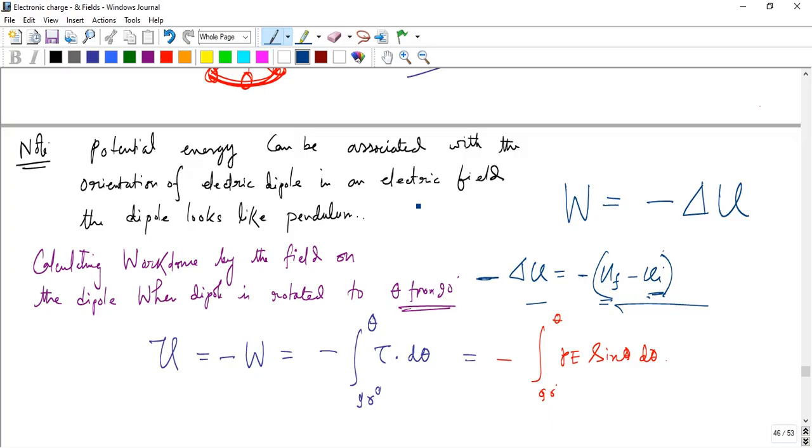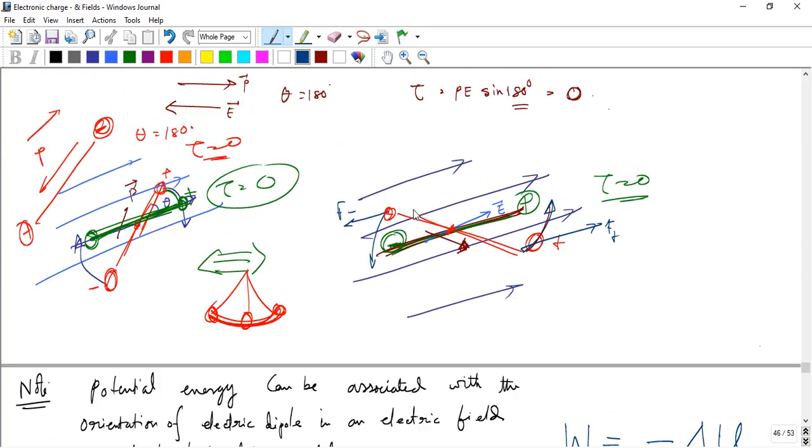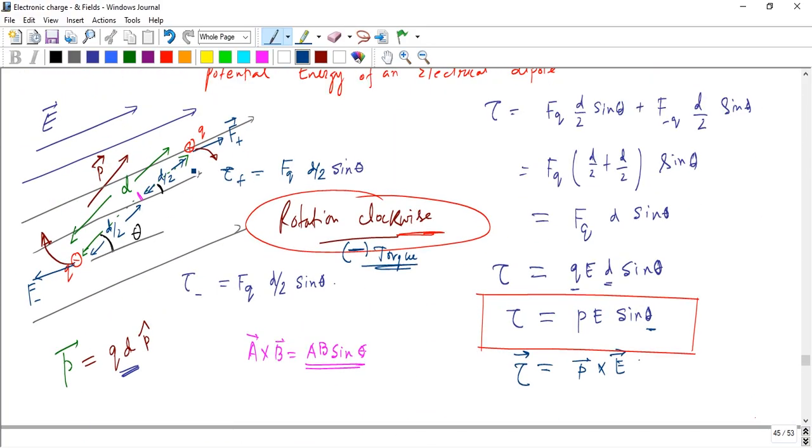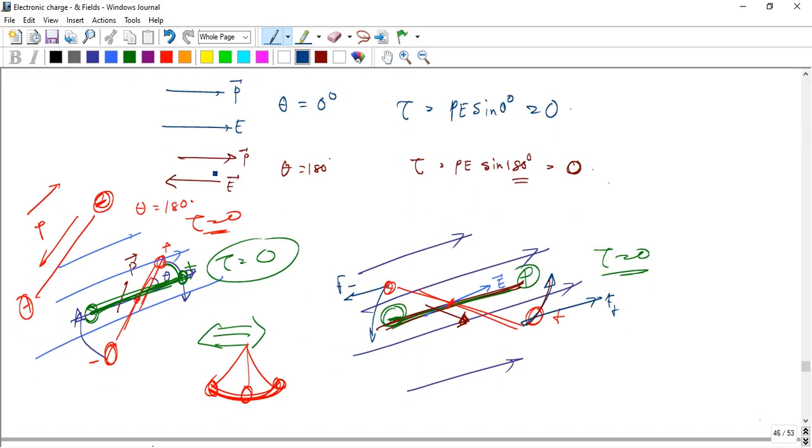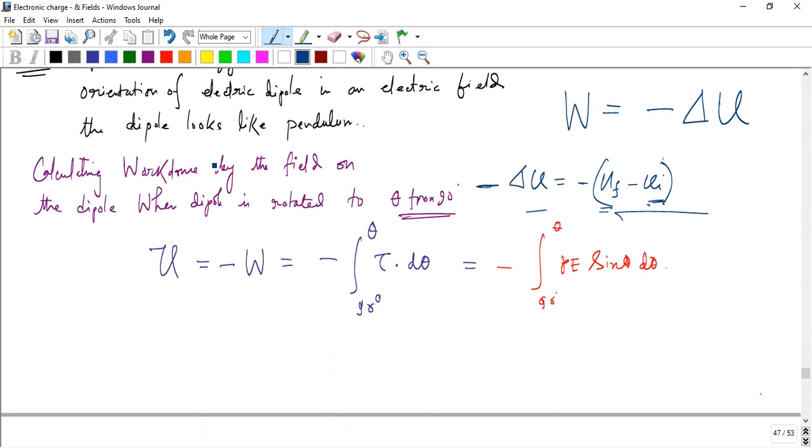These diagrams show that it is a clockwise rotation actually, and a clockwise rotation means minus. So these minus signs cancel out, and you get the integral from 90 degrees to theta of sin theta.